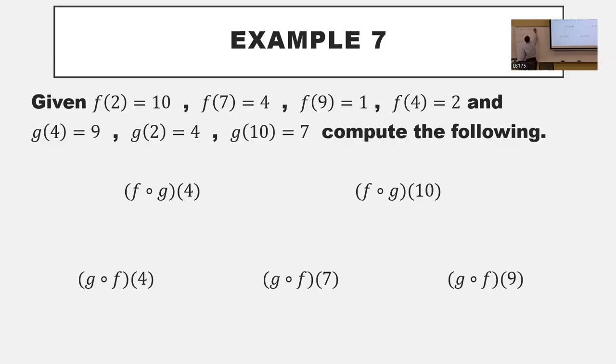So we're getting f of 9 and f sends 9 to 1. That's it. That's the answer. If we compose f of g of 4, we get out the value of 1.